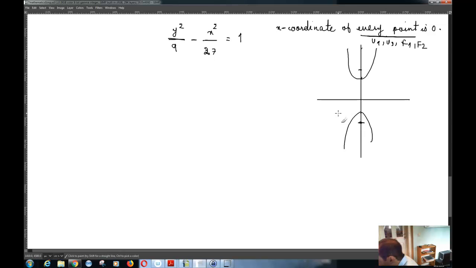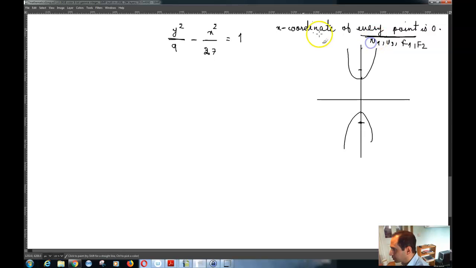So of course it is actually a good idea, because we usually have this habit of talking about things in an uncareless way, or I don't even know if that's a word, but we don't really care about whether what we say is true or not. When I say the x coordinate of every point is 0, I have to specify what I mean by every point.